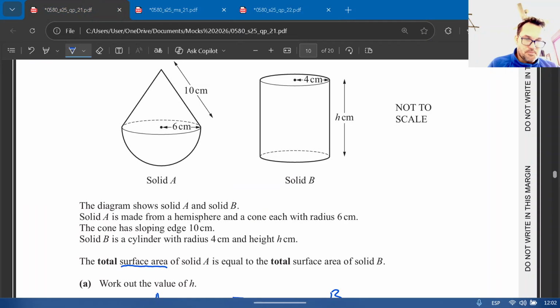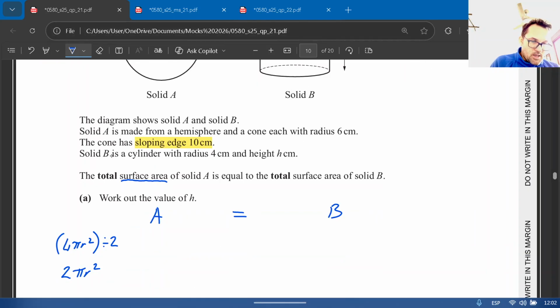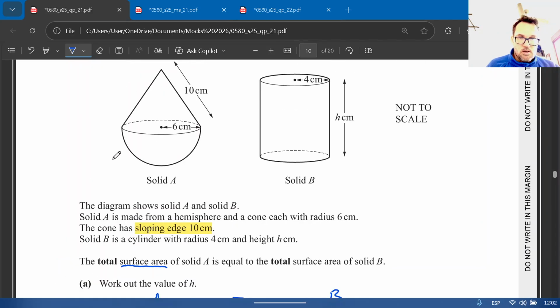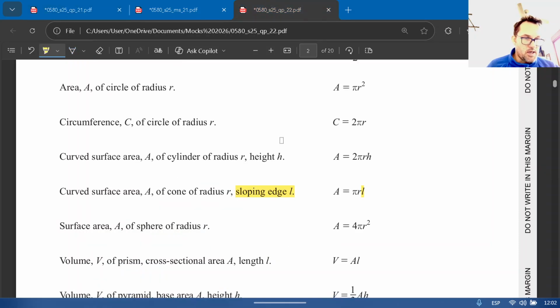Okay, which, there they say it. See, every word is important. Sloping edge is 10 centimeters. Okay, so the total surface area of solid A will be these formulas. Okay, that will equal the total surface area of the cylinder. So go back here, and here we see this cylinder.